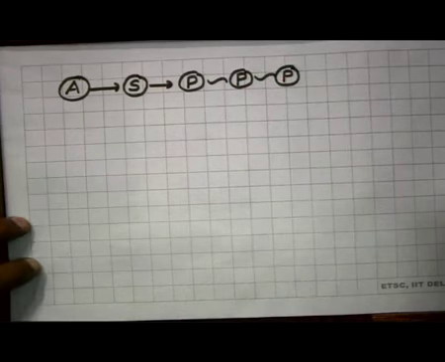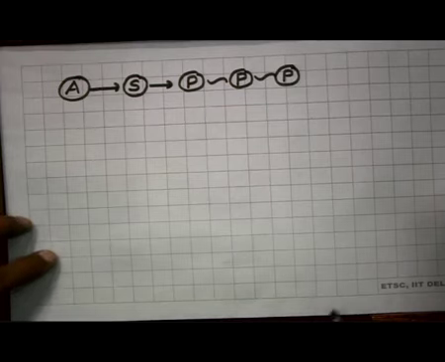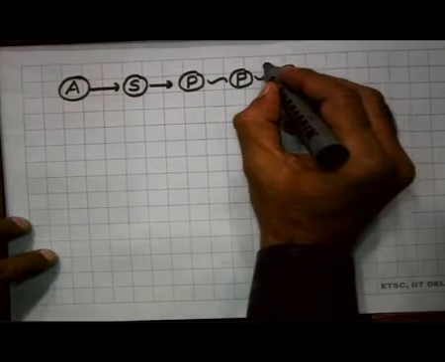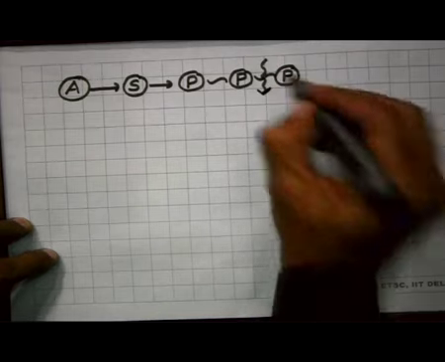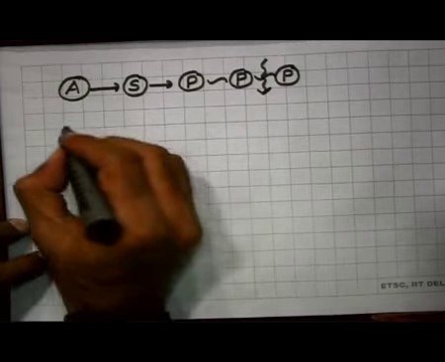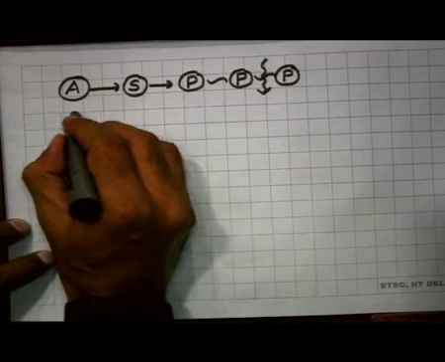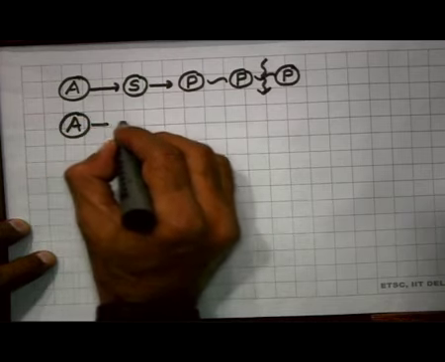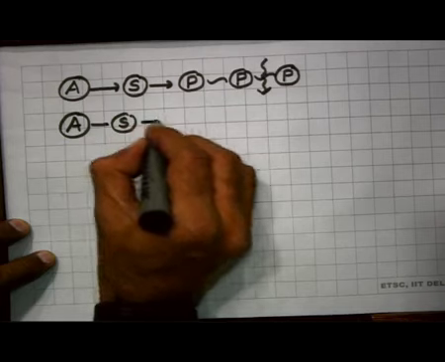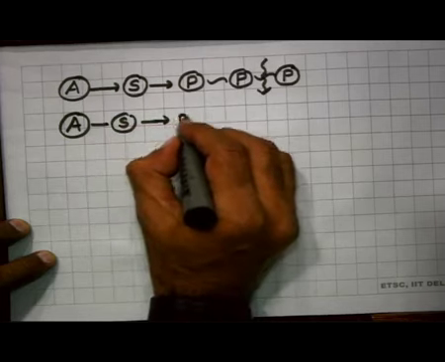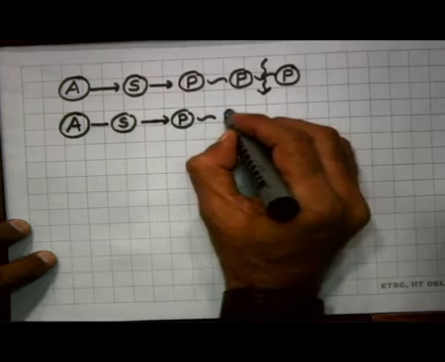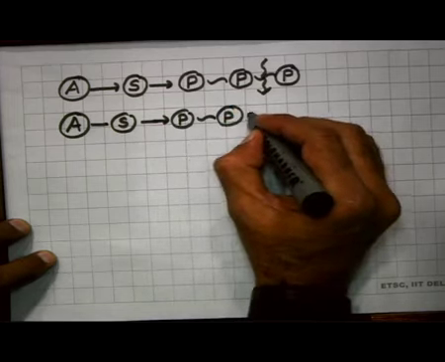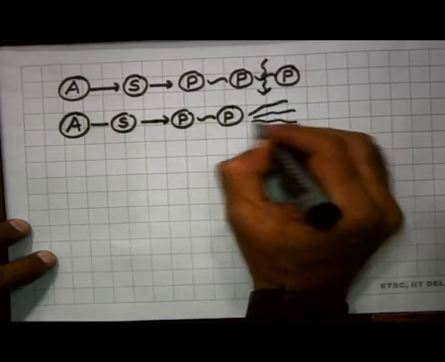The liberation of the last phosphate molecule releases a huge amount of energy, and then it forms adenine, sugar and 2 phosphate molecules.